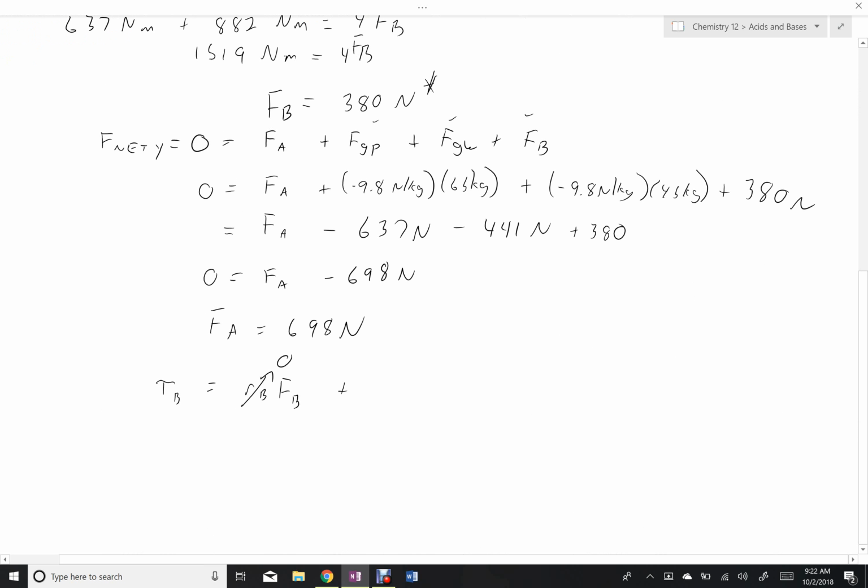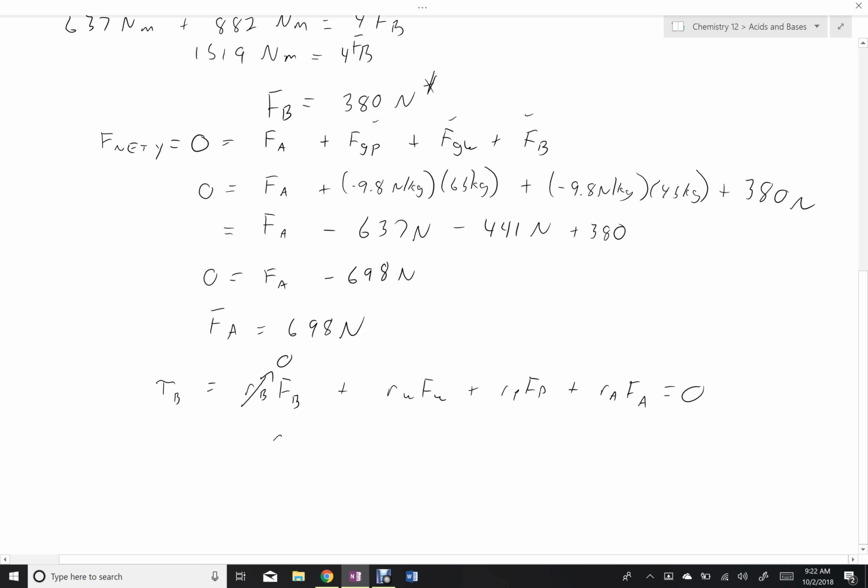I have R wood, force of the wood, that's the wood associated with the bridge, plus R of the person, force of the person, plus RA, FA. And all of that has to add to 0, so this thing won't rotate.